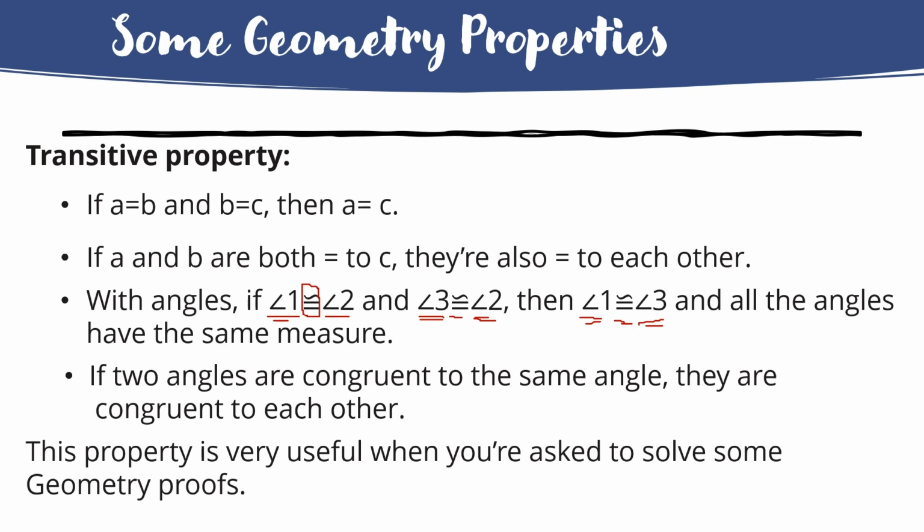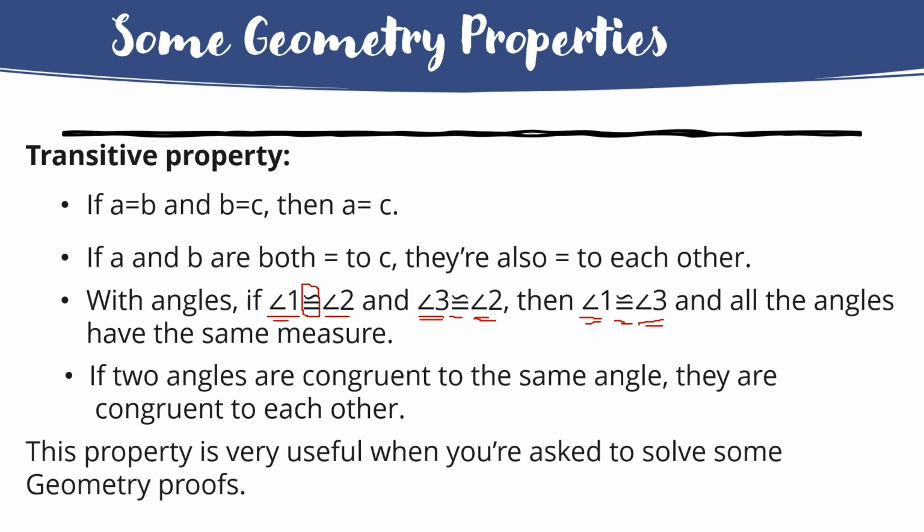So in some problems, you may only be given the measure of angle 1 and you're told that it's congruent to angle 2, then you know that the measure of angle 2 is going to be whatever the measure is of angle 1, and so on.